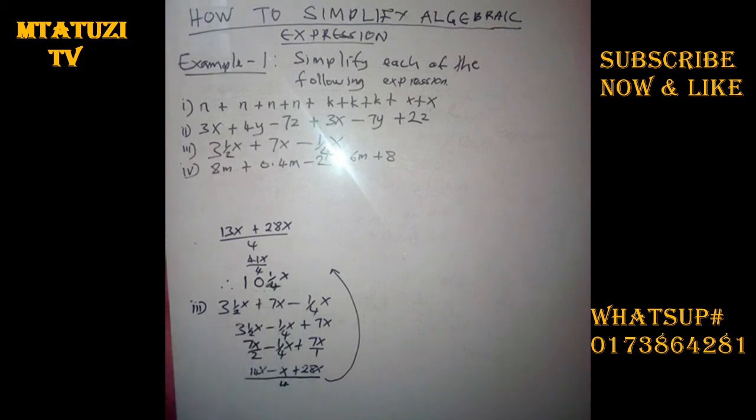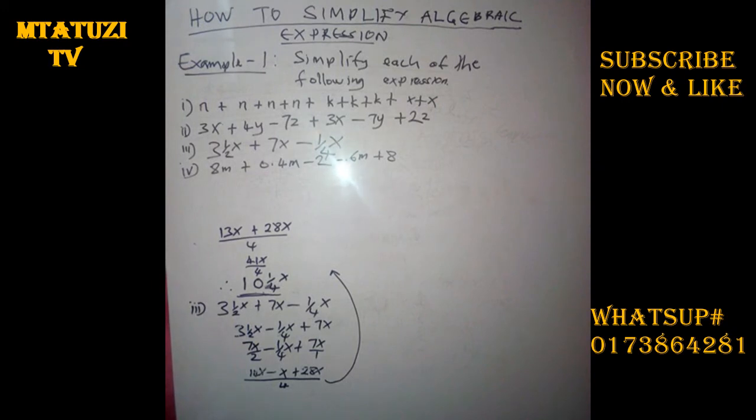So this is our answer to this question. When you simplify this question, your answer is 10 and a quarter x. I think you have understood how to simplify this question.